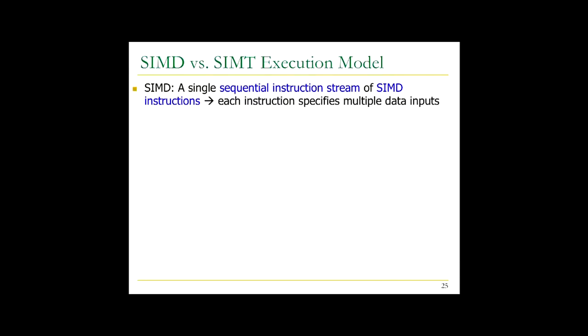Basically, in SIMD, you have a single sequential instruction stream of SIMD instructions, right? It's sequential. Each instruction specifies multiple data inputs. So you have vector load, vector add, and vector store, and you need a vector length. Basically, we're going to eliminate that vector length over here.